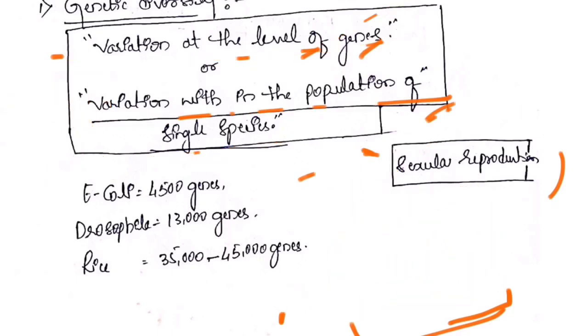For example, E. coli is a small bacteria, but it has 4,500 genes within its body. Drosophila has 13,000 genes, though it consists of only 4 chromosomes. Rice, that is Oryza sativa, which we eat, has 35,000 to 45,000 genes present within the rice plant.